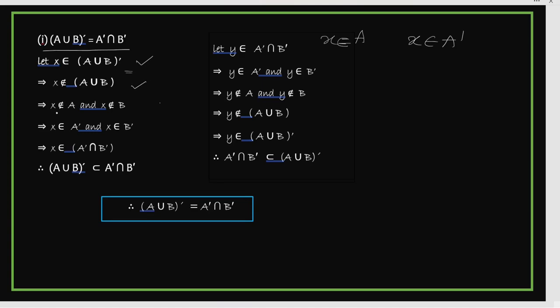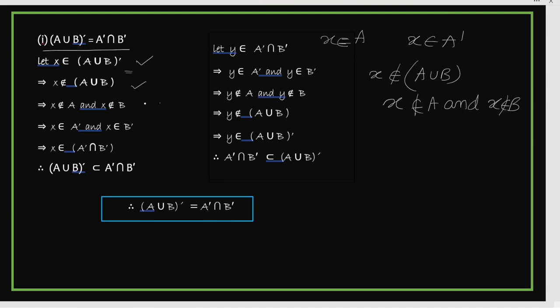Next one. X does not belong to this union. You can write, and because you have seen this, X does not belong to A union B means X does not belong to A and X does not belong to B, right?